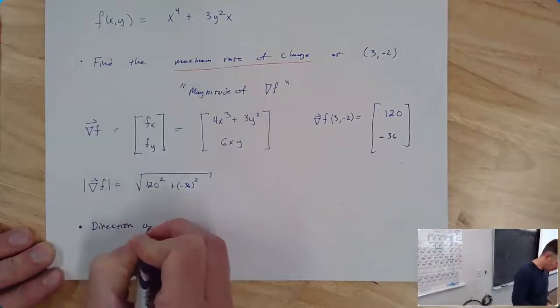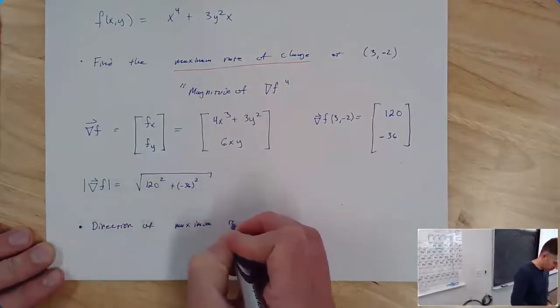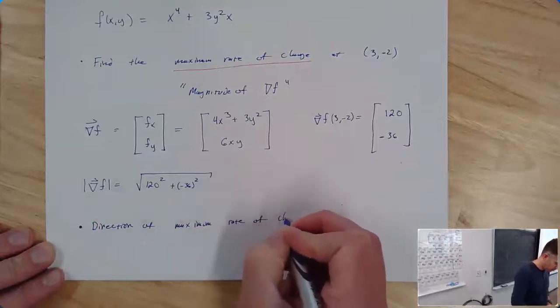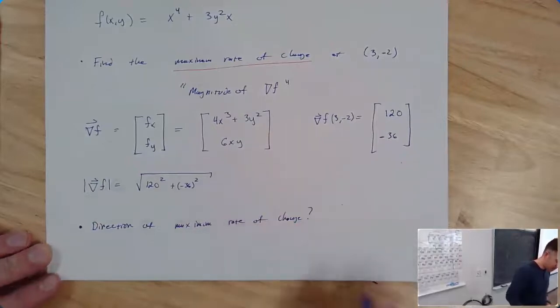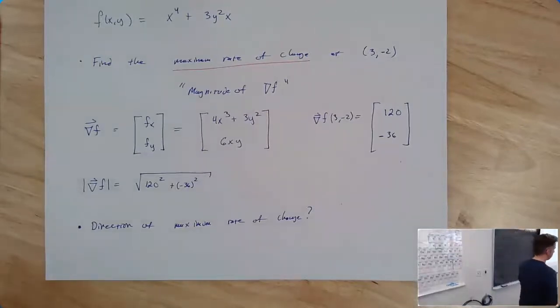Follow-up question. What's the direction of the maximum rate of change? Well, that's an easy question to answer if we've already done the first part. Be careful though. Your teacher does a good job of saying what he wants, but whenever someone says direction, they mean unit vector. So we take the gradient and divide it by its own magnitude.